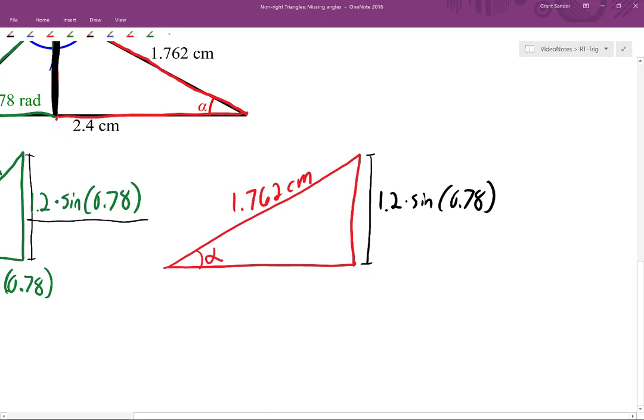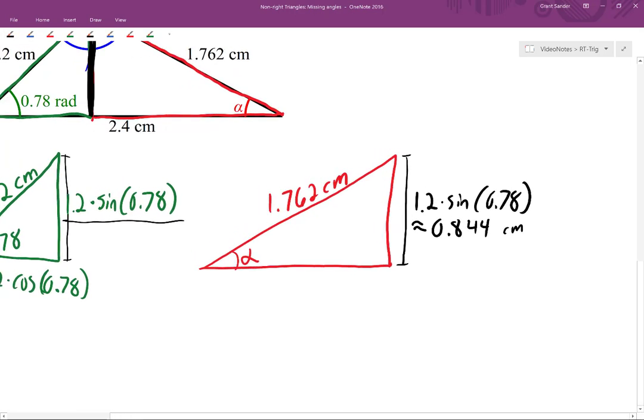And that value is approximately 0.844 centimeters. So if we know a vertical side length and a hypotenuse length for a right triangle, we can say that sine of alpha is equal to 0.844 divided by 1.762.